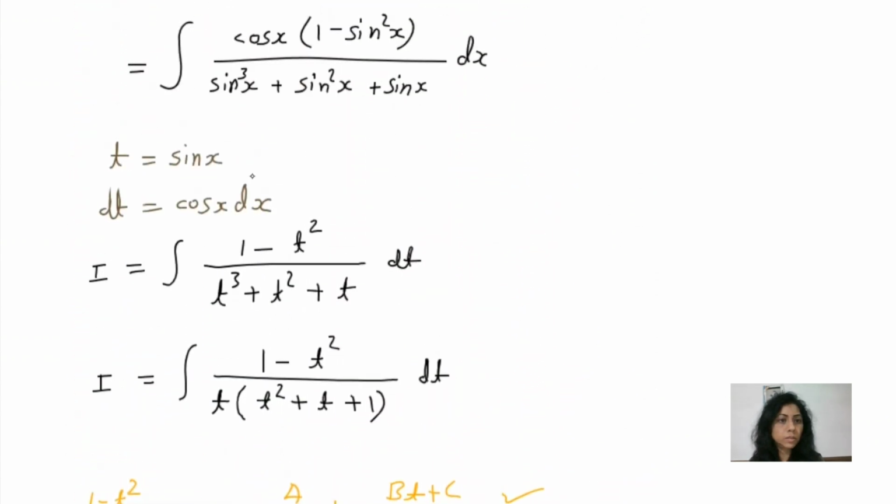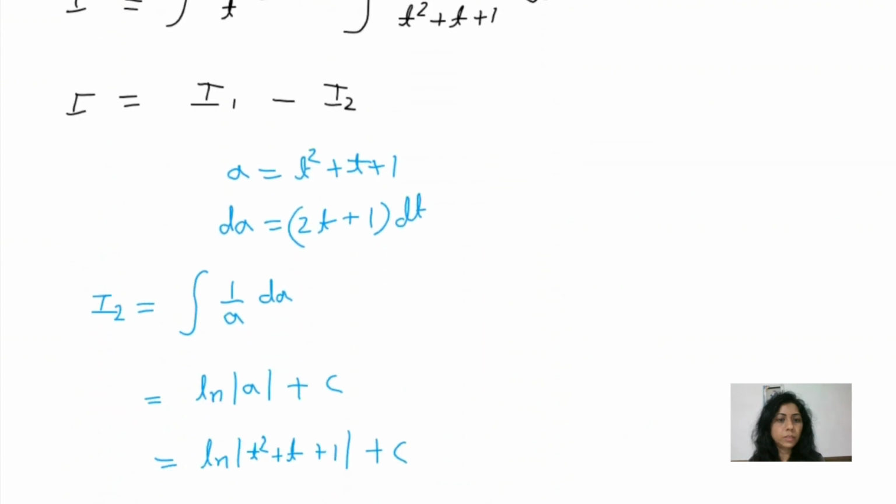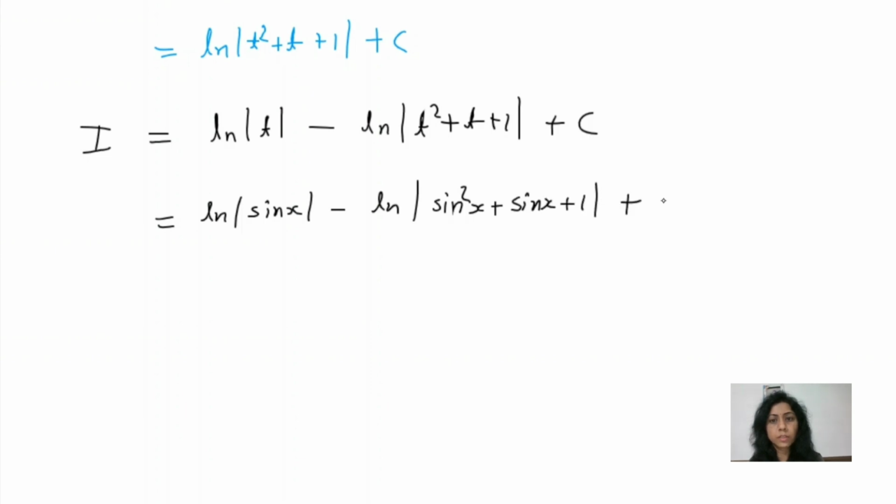T was sin x, because our question was in trigonometric form. So we substitute t as sin x: ln absolute value sin x minus ln absolute value sin square x plus sin x plus 1 plus c, and this is our final answer.